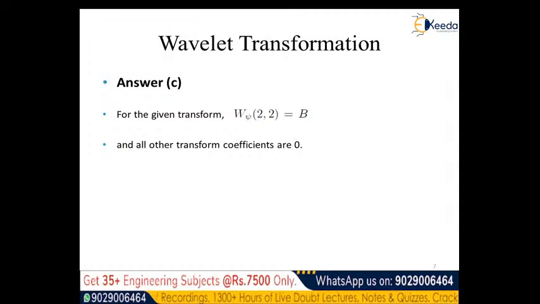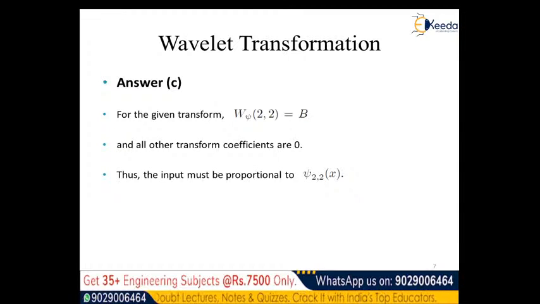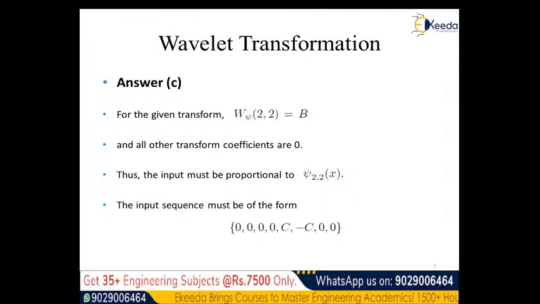With this information, the input must be proportional to the function psi suffix 2 comma 2 as a function of small x. Now the input sequence must hold the form where the first four elements are equal to 0, the fifth one is equal to positive c, then the next one is minus c, and the rest of the two are equal to 0. At this point we don't know the value of c.